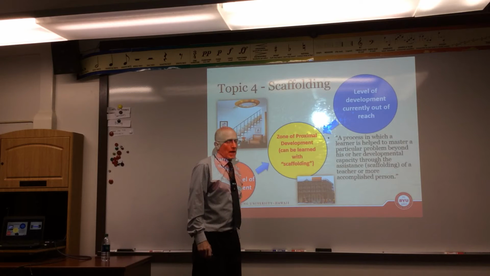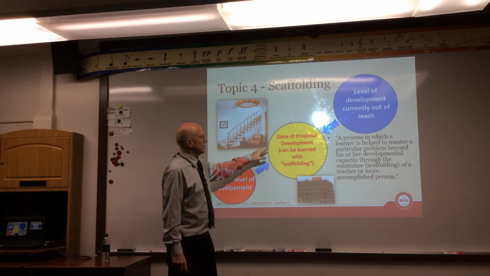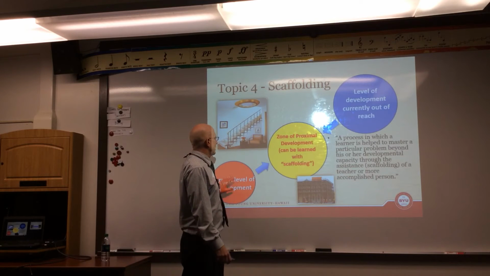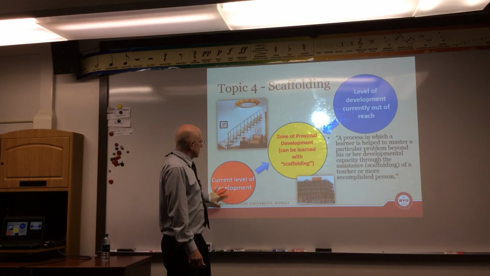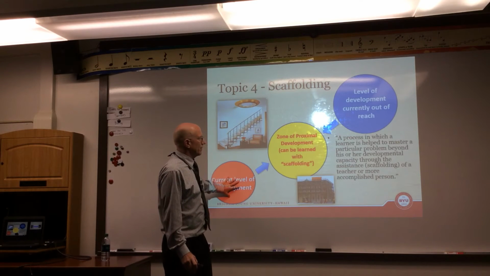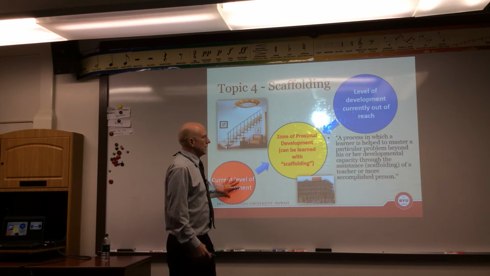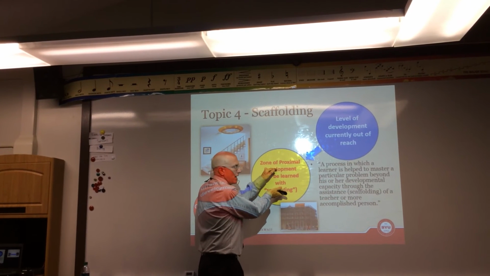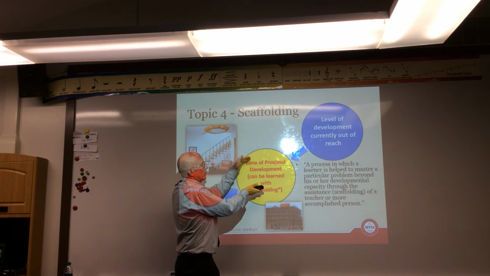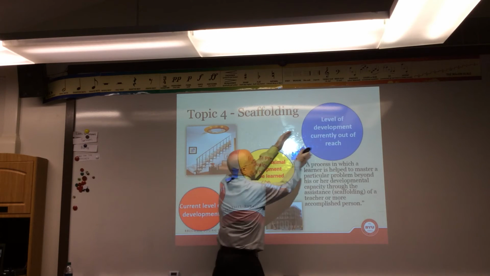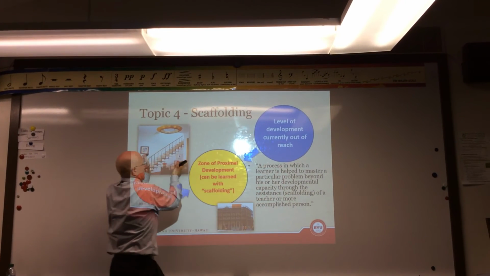So Vygotsky, his principle is the zone of proximal development, which you've probably heard, is shown in this diagram. So imagine that this is the current level of a learner's development. This is as much as they can take for the learning to be optimal. We can't just jump up to the top of the stairs.